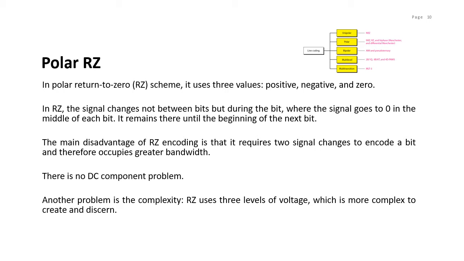But in return to zero, the complexity is also a problem because we use 3 levels of voltage, which means it is more complex to create and also to discern. As a result of all these deficiencies, the scheme is not used today. It is being replaced by the better performing Manchester and differential Manchester schemes, which we will discuss after this.